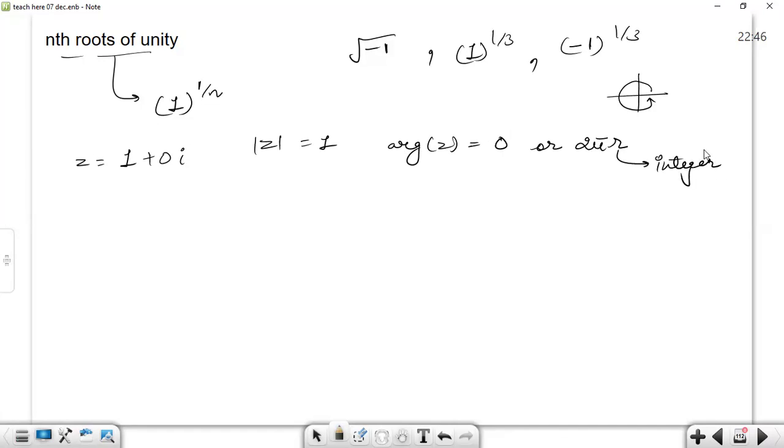For our convenience, because we are going to consider different things, we are considering 2 pi r. Now let's write 1 in polar form: cos of 2 pi r plus iota sine of 2 pi r. So this is basically z, which is our 1.